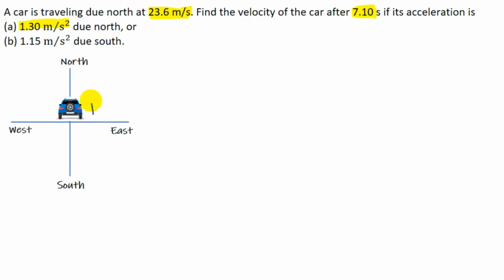The velocity is in this direction, which is 23.6 meter per second, and the acceleration is also in this direction, due north, which is 1.30 meter per second squared. Now we have to find the velocity after 7.10 seconds. Since the acceleration is constant, we can use the equation we derived in the topic motion with constant acceleration: v equals v naught plus at.